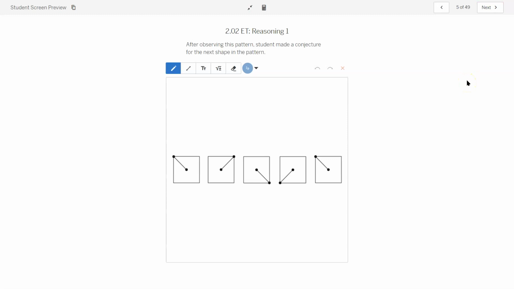After observing this pattern, a student made a conjecture for the next shape in the pattern. Well, let's see what we notice here.